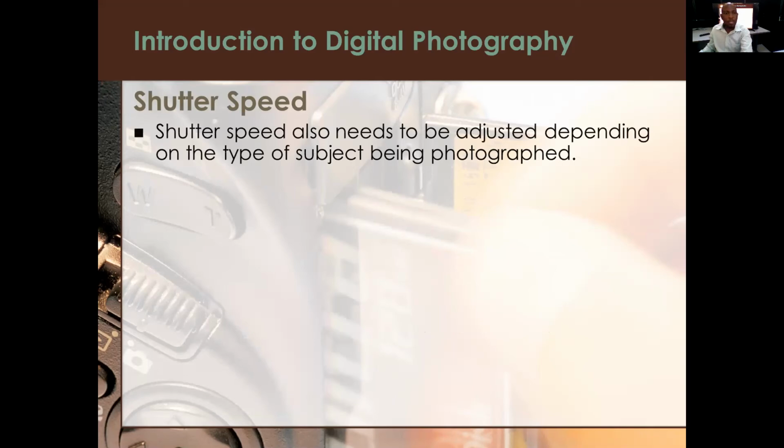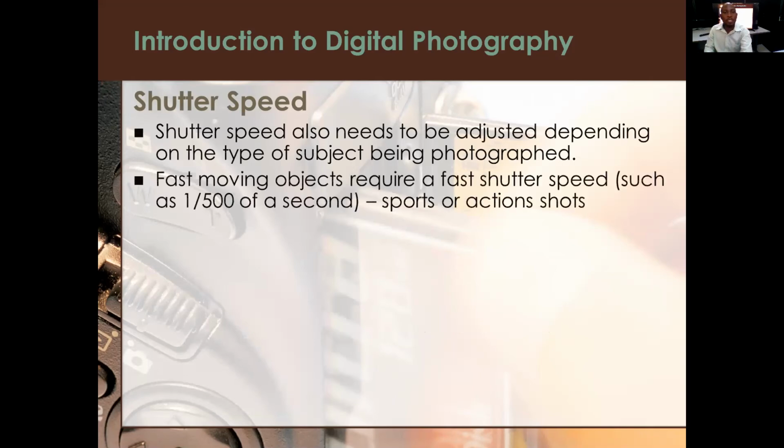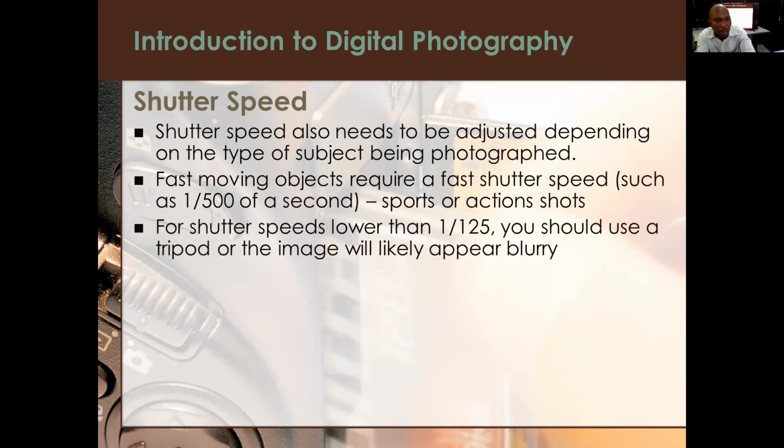Shutter speed also needs to be adjusted depending on the type of subject being photographed. Fast-moving subjects require a fast shutter speed, such as 1/500 of a second, used in sports or action shots.